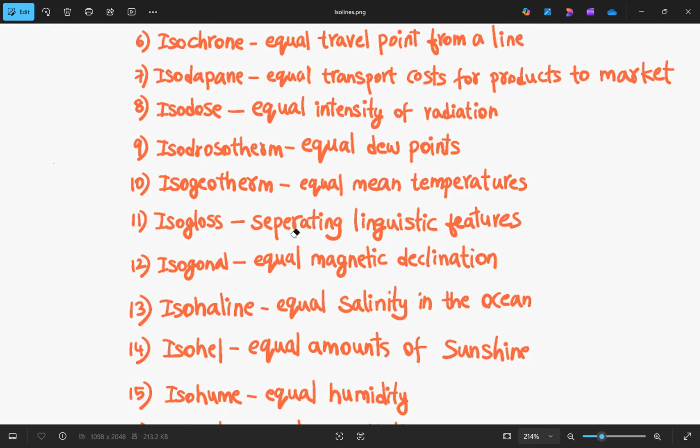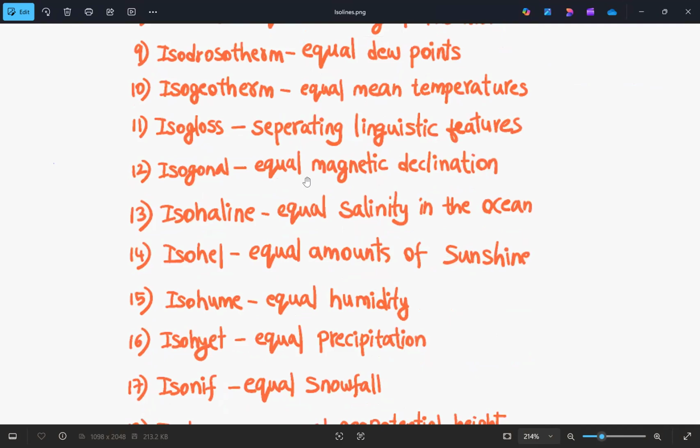And the next one is isogloss. What is an isogloss? It is a line that separates linguistic features. So isogloss separates linguistic features. And the next one is isogonal. What is an isogonal? Equal magnetic declination.